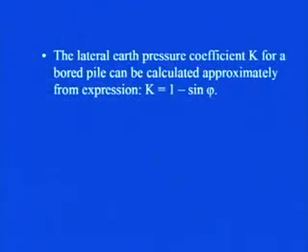The lateral earth pressure coefficient for a bored pile can be calculated approximately from the expression K equal to 1 minus sin phi. If phi 1 is the in situ angle of friction, first you have to reduce that by 3 degrees and then use that phi for any further calculations.